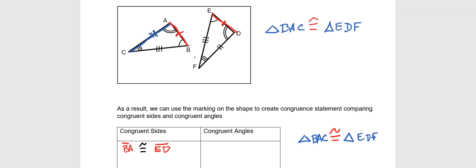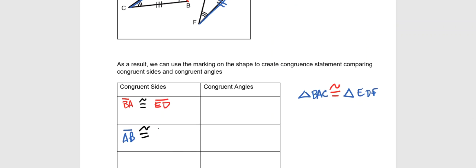Well, let's see. I went from the double to the triple. So here's my other double tick marked side on the other triangle. I went from the double arced angle to the triple arced angle. So that's DF. So we're going to say that AB is congruent to side DF.